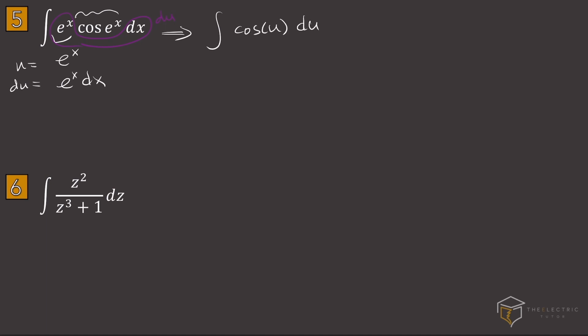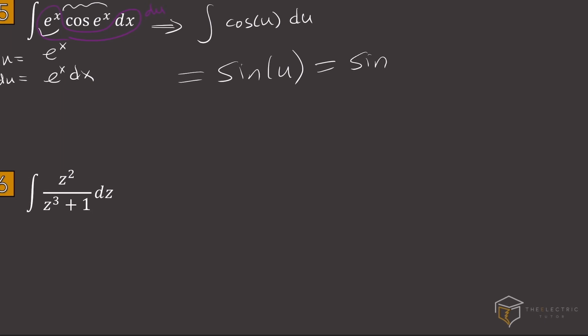And notice how easy this turned out to be, right? This is just sine of u. And again, we have to go back to the x world. Don't forget that. It's just going to be sine of e^x plus c.